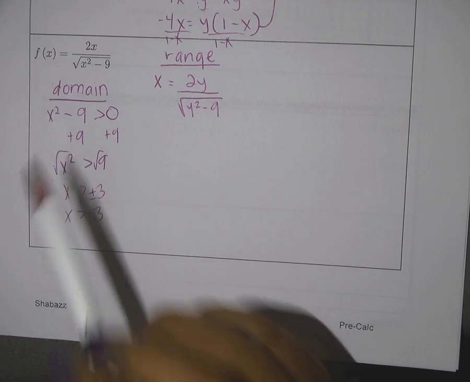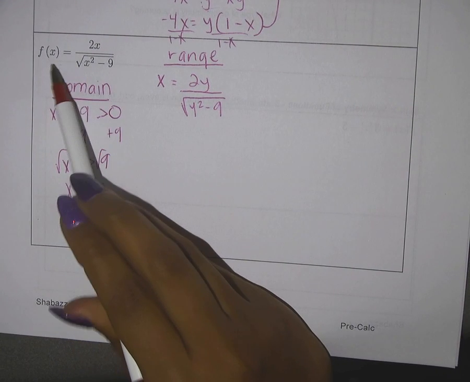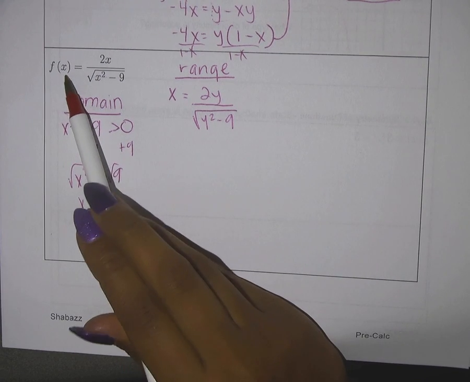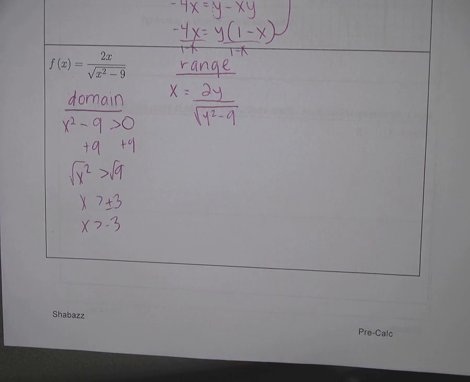Remember, this is just a y in disguise. It is equal to 2x over the square root of y squared minus 9. What should my first step be in solving this? What if I multiply my denominator? So that's scary thing number 1, and that radical is probably scary thing number 2.